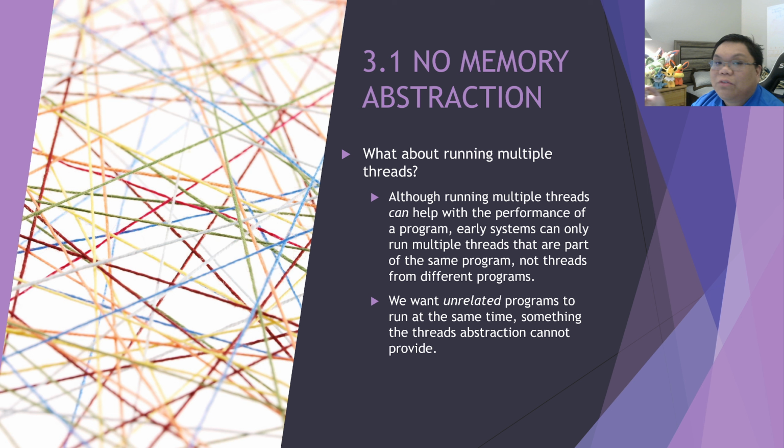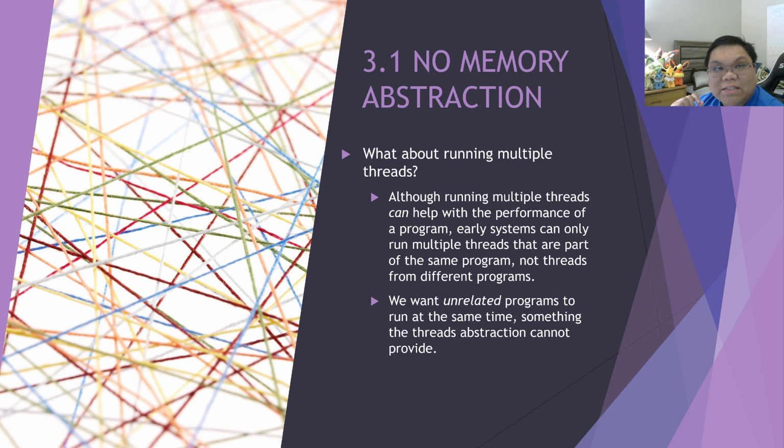Say one thread wanted to read from the disk, but it's taking some time to read that information from the disk. Well, we just suspend that thread's operation, put it aside in the meantime, and run some other thread instead.